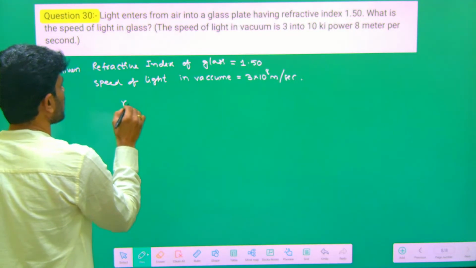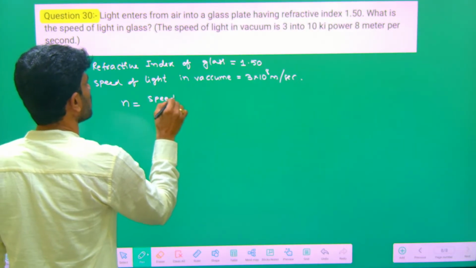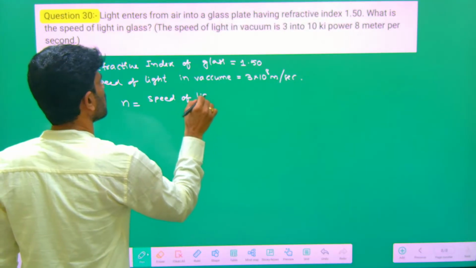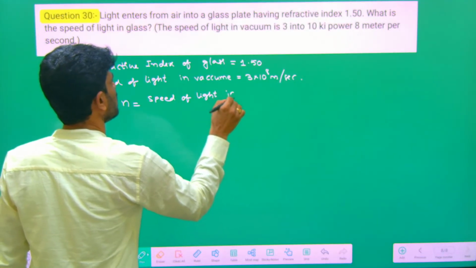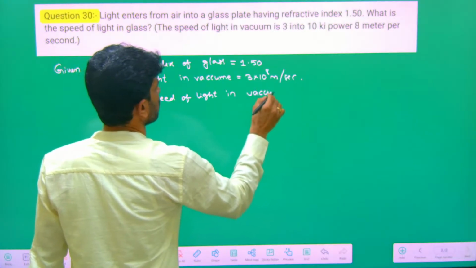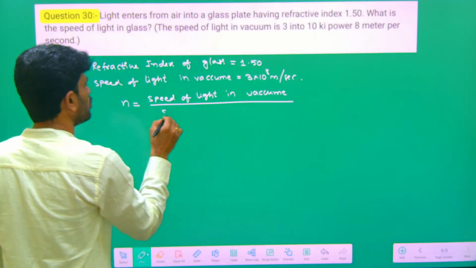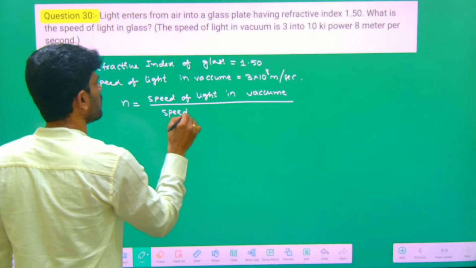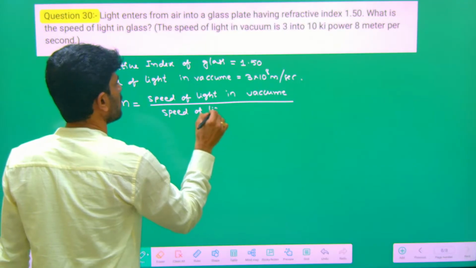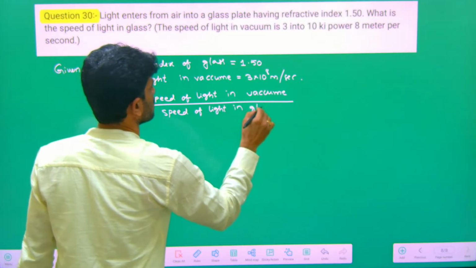What is the formula? Refractive index will be equal to speed of light in air or vacuum by speed of light in glass.